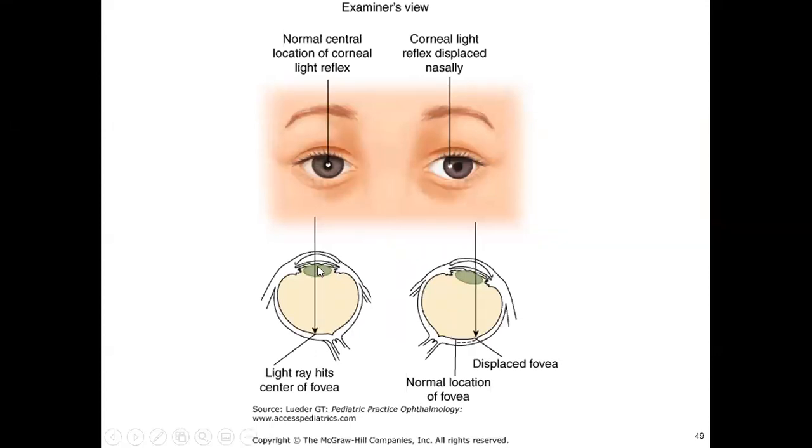When the light ray hits, it falls at the center of the pupil. But in case of corneal light reflex displaced nasally, here you can see this normal location changes towards the nasal side.